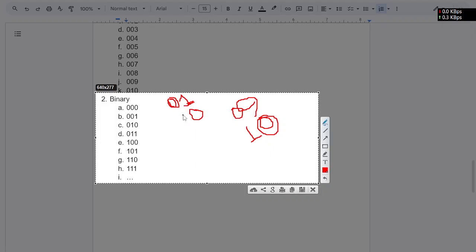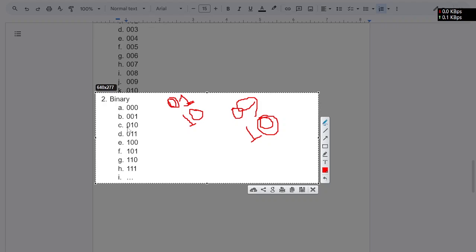So this is how we can increment in the binary number system. The 10 is not ten in the decimal number system, it is equivalent to 2 in the decimal number system.